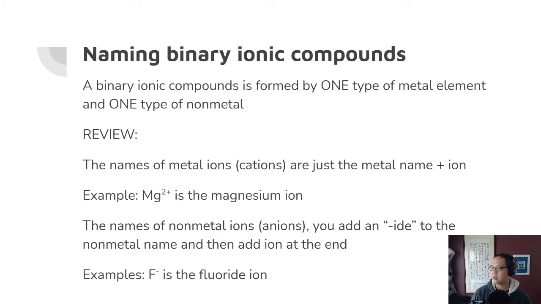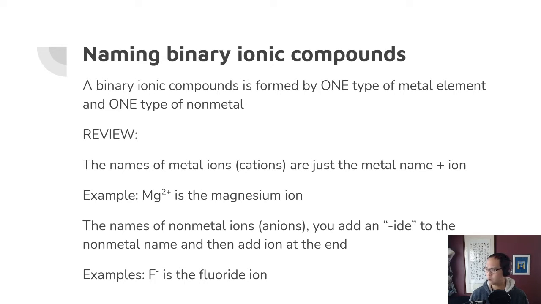An example here is F- is the fluoride ion. F is fluorine, so I drop the ine and change that to ide, and so F- is the fluoride ion. Any questions there?